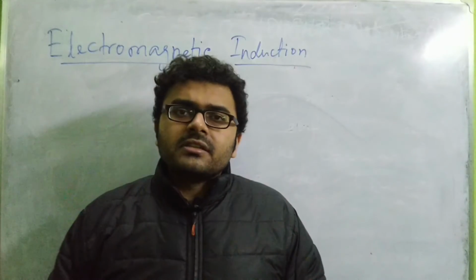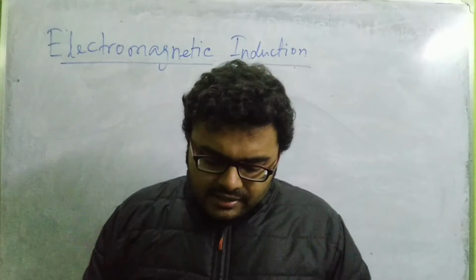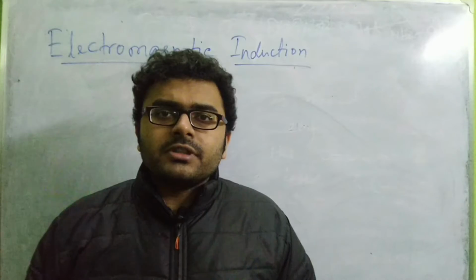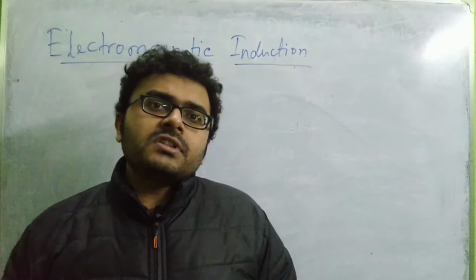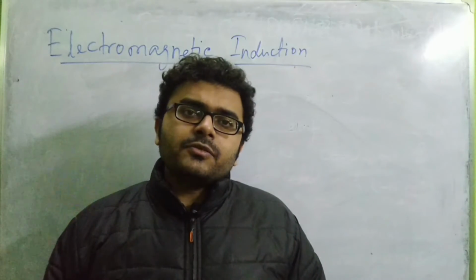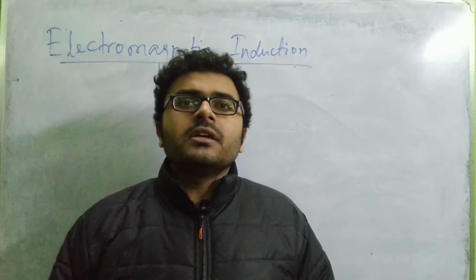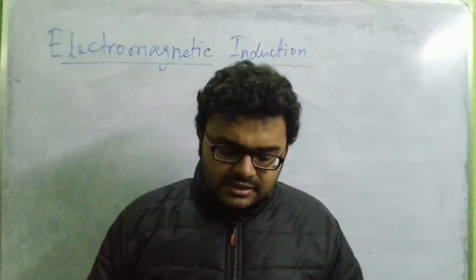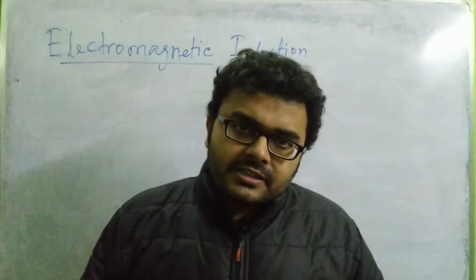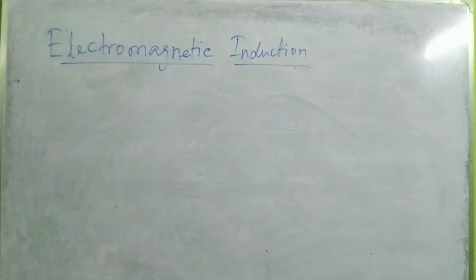Okay, so this is the very basic law of electromagnetic induction. And it has been observed that the more the relative motion between the conductor and the magnetic field, the more the EMF induced. Lesser the speed, lesser the relative motion, lesser will be the EMF induced, and more the relative motion, more will be the EMF induced. Okay, so I think this concept is clear. So this is Faraday's law of electromagnetic induction.